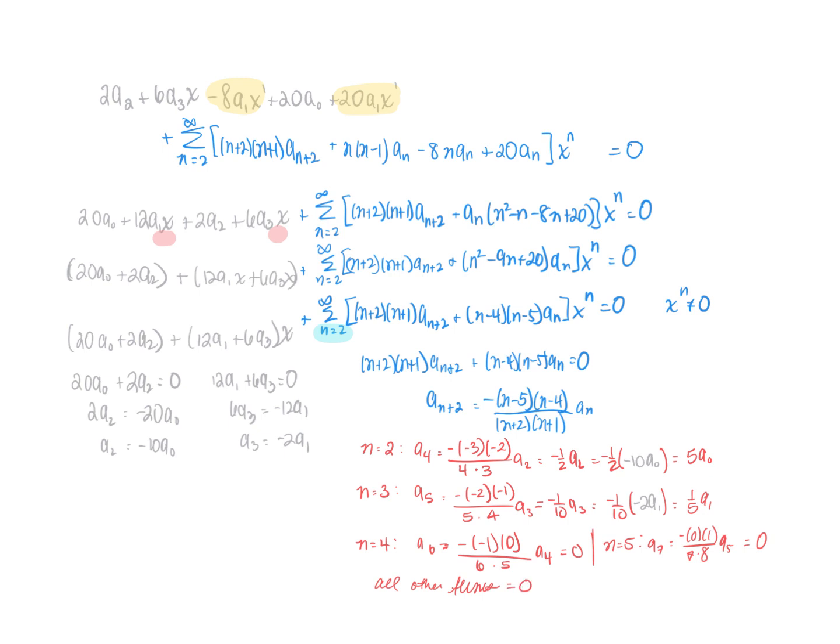Well, what happens then? How do I write my solution? Well, it turns out it's easier than you think. Because now we have a y that's equal to the sum from n equals 0 to infinity of a sub n x to the n, which is going to be our a naught plus a1 x to the 1 plus a2 x squared plus a3 x cubed plus on and on and on.